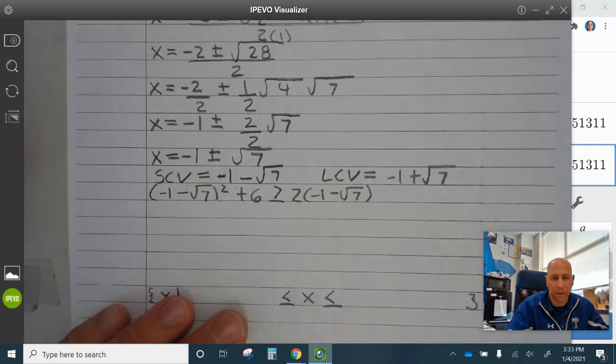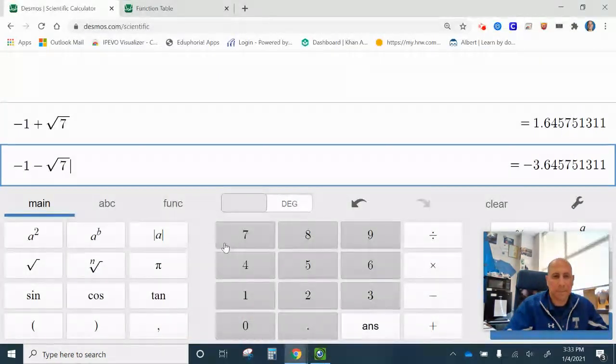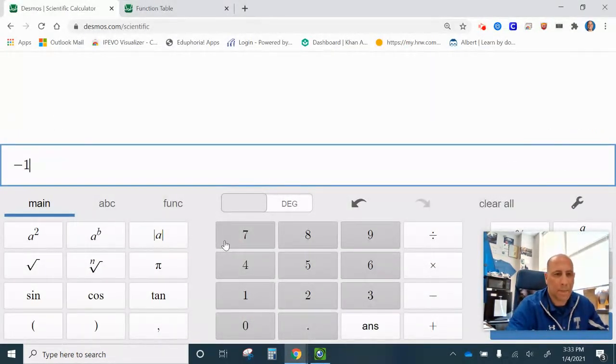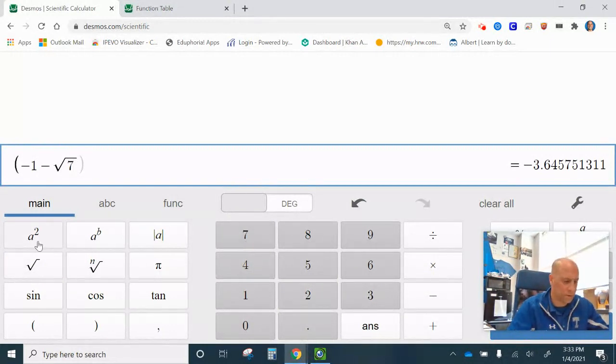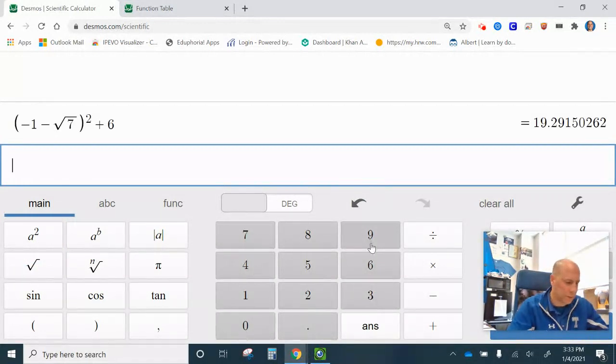Okay, so parentheses negative 1 minus the square root of 7 squared plus 6, and then 2 times parentheses negative 1 minus the square root of 7.